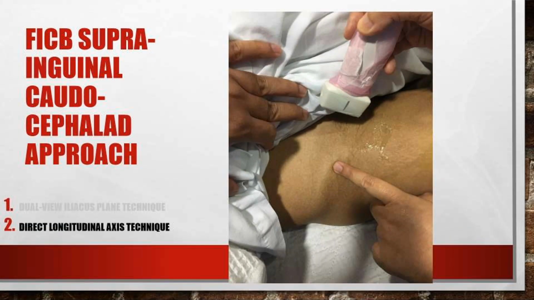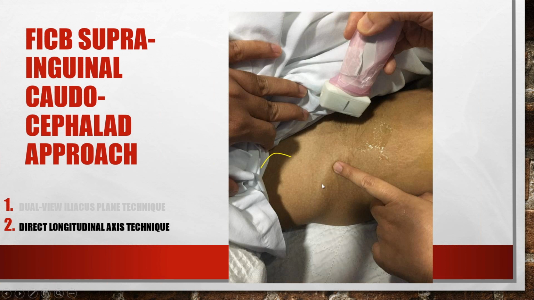And then the other one is FICB, which is the supra-inguinal caudocephalic approach, a direct longitudinal axis technique. How do we do it? First, recognize our axis.